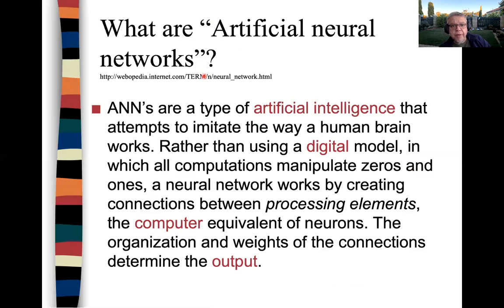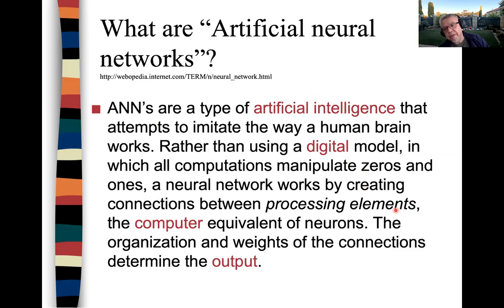There are different definitions for artificial neural networks. I'll try to give a formal one. Artificial neural networks are a type of artificial intelligence that attempts to imitate the way a human brain works. Rather than using a digital model in which all computations manipulate zeros and ones, neural networks work by creating connections between processing elements.